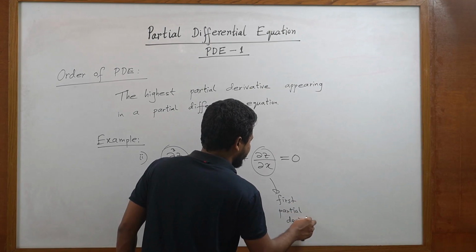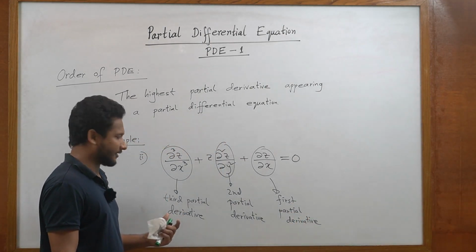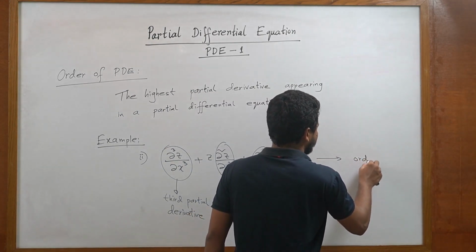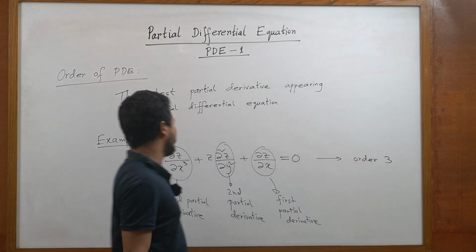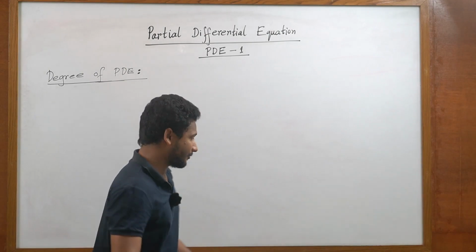So the order will be 3 because the highest partial derivative operator is third partial derivative. Third order.